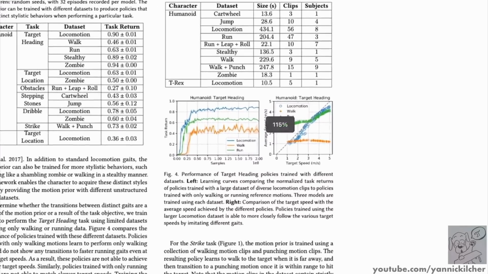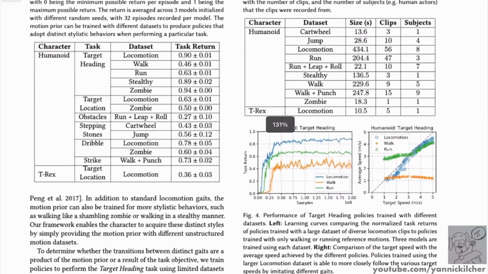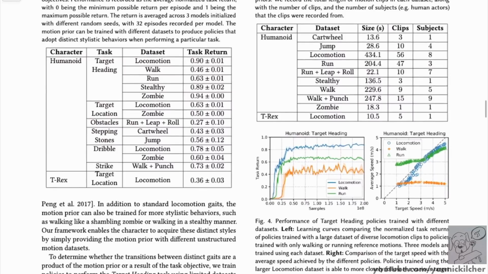So I think it's a pretty cool application and a combination of two things, of adversarial learning and of learning, not from demonstration, because that's adversarial learning, of learning to reach a goal. And it's a good demonstration of how you can combine the two.